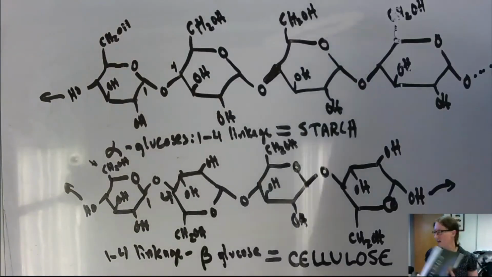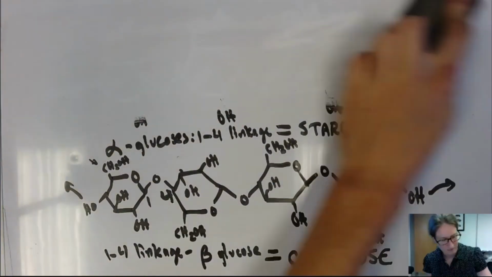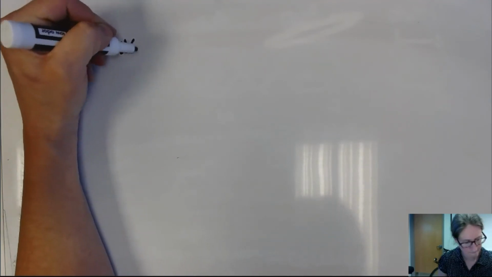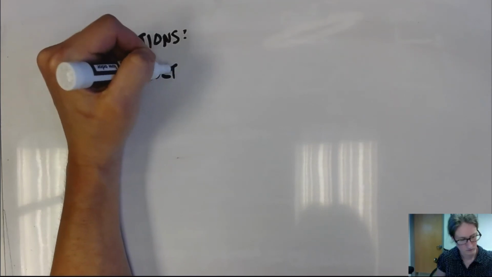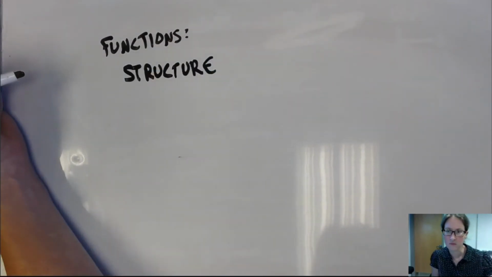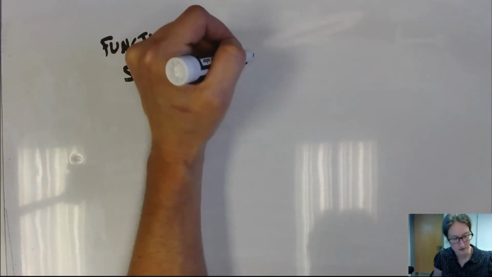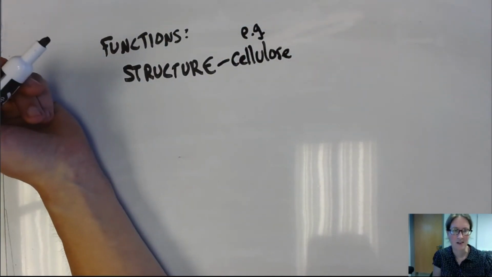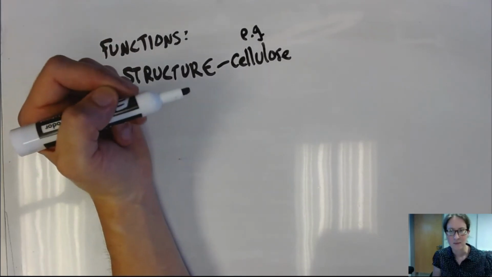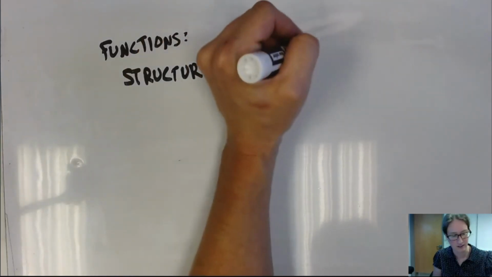So first, a lot of carbohydrates are used to create structure for cells. So for example, cellulose and related molecules create structure for plant cells. And so plant cell walls that surround the outside of a plant cell contain a whole lot of cellulose.